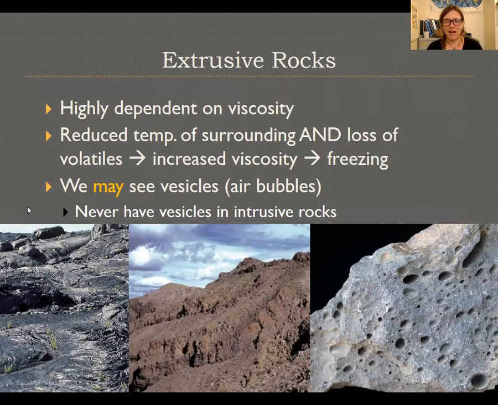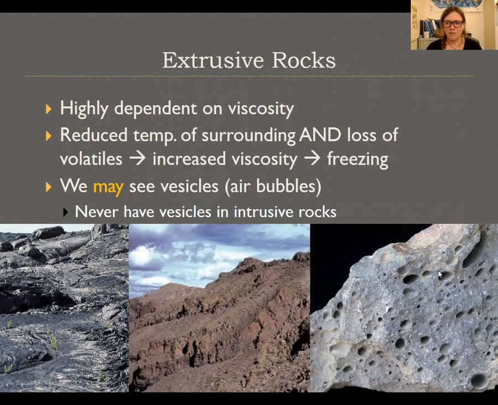And as it cools down and loses these dissolved volatiles, both of those things contribute to an increase in the viscosity of the fluid, or an increase in the stickiness or resistance to flow of the fluid, which eventually causes these fluids to freeze up and form extrusive igneous or lava rocks or volcanic rocks. So in many of these cases, we can actually see the evidence of the degassing that takes place.